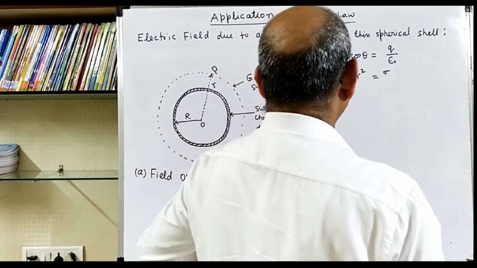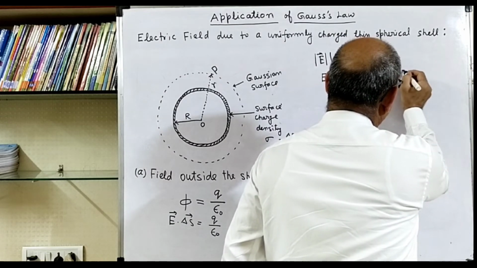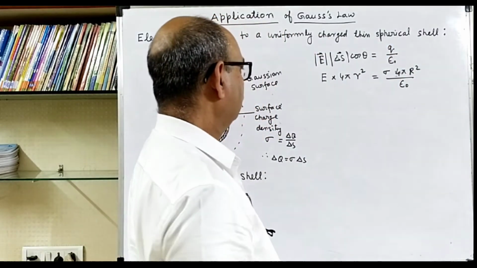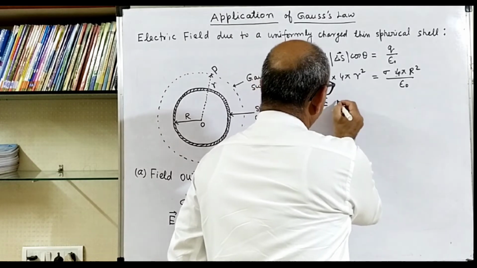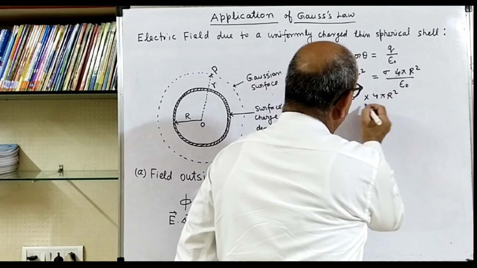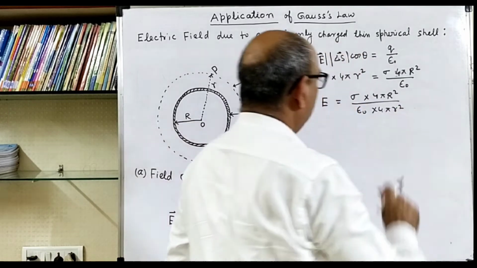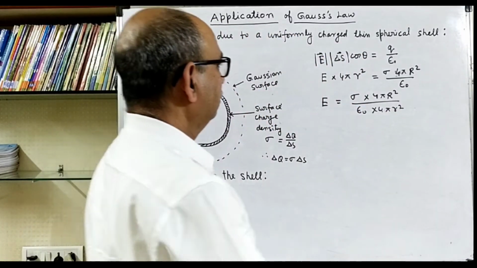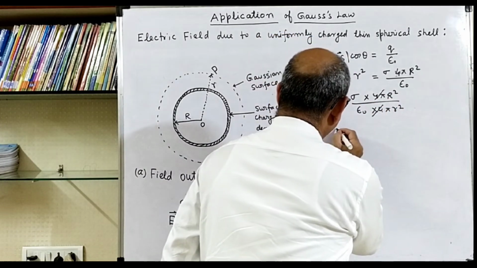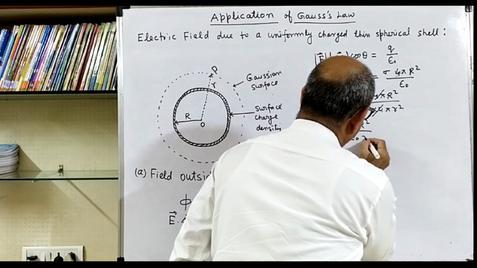That is the total surface area of the spherical shell, that is 4 pi r square. Or we can say E equal to sigma multiplied by 4 pi r square divided by epsilon naught multiplied by 4 pi r square. 4 pi cancelled out, and the value of E equal to sigma upon epsilon naught.